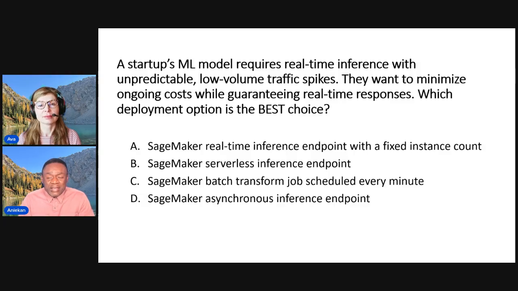Batch, even though it's every minute, is not real time. And an asynchronous endpoint still needs to be provisioned, and that is actually better for long running jobs. So serverless is your real time cost saver here.